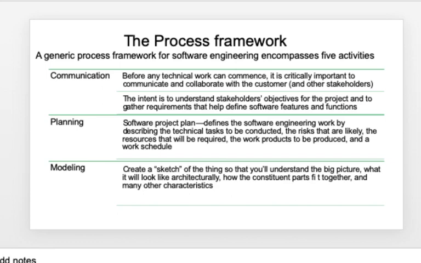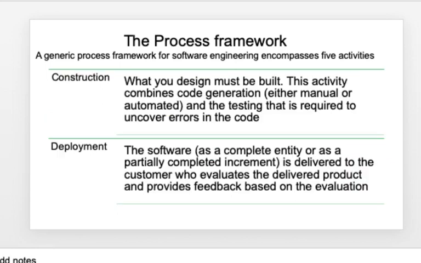Next comes the modeling. Modeling is creating a sketch so that you will be able to understand the big picture. Then comes construction. Construction is where what you designed in the previous activity is built, and this will obviously combine code generation, which could be done either manually or automated, and testing, which is definitely needed to uncover errors in the code.